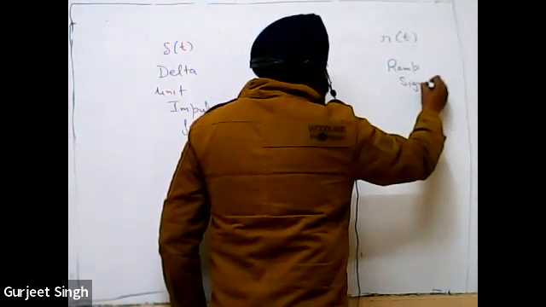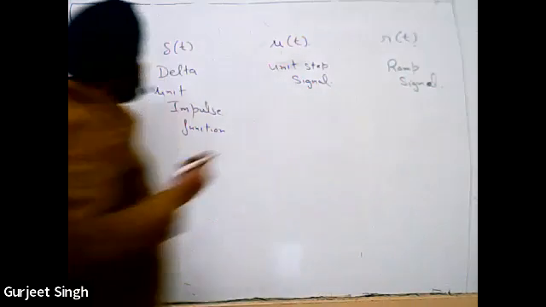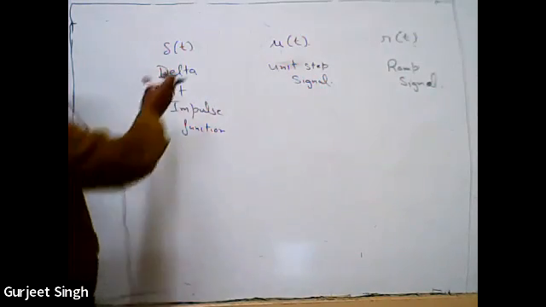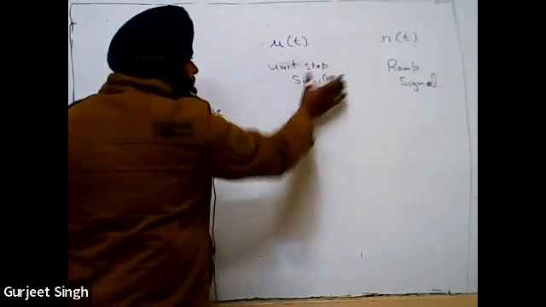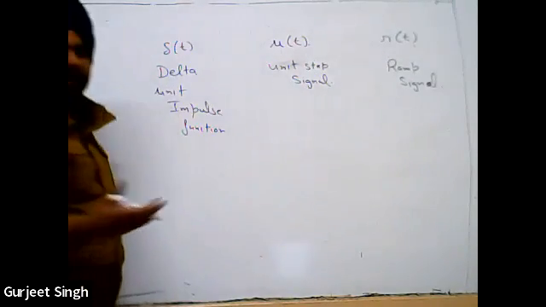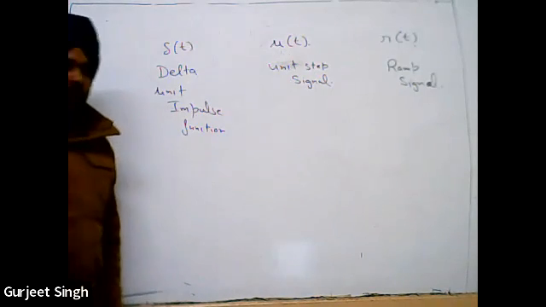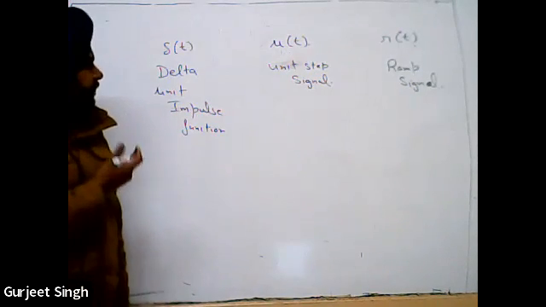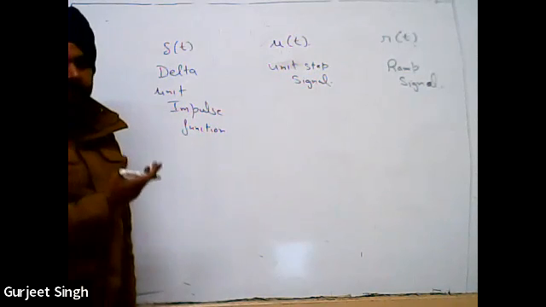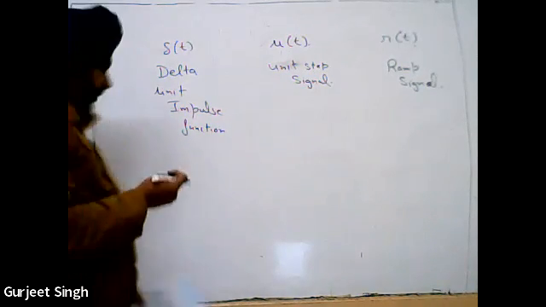We will find out the relation between these three signals: delta function, unit impulse, step signal, ramp signal. Mostly the examiner asks what the relation is between the delta function, unit step signal, and unit ramp signal.